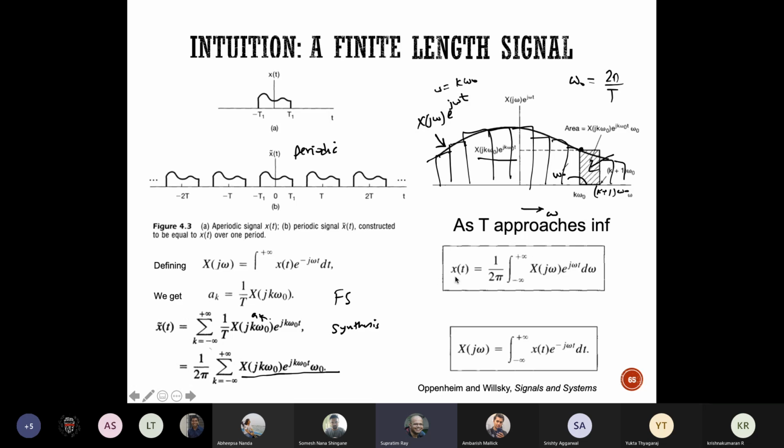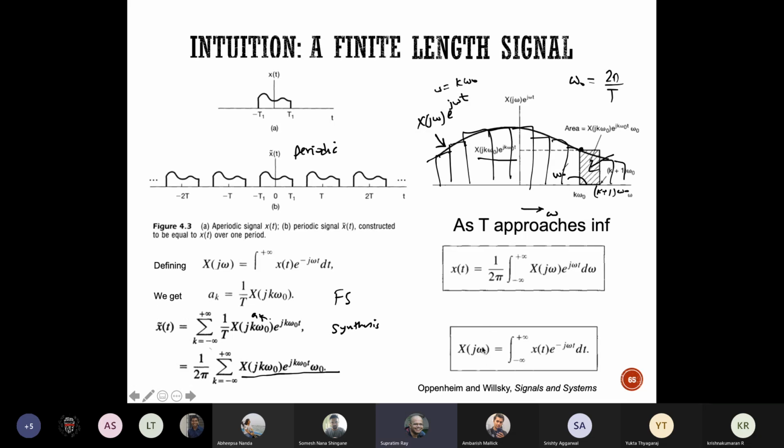The answer is no. Like before, when I talked about convergence issues, it turns out there are certain conditions that x(t) has to follow in order for this whole thing to work.